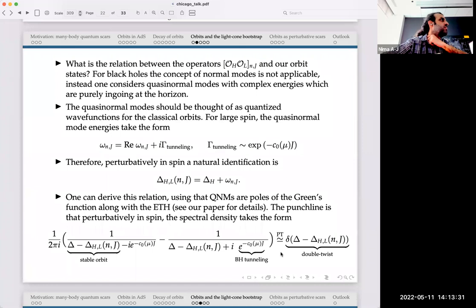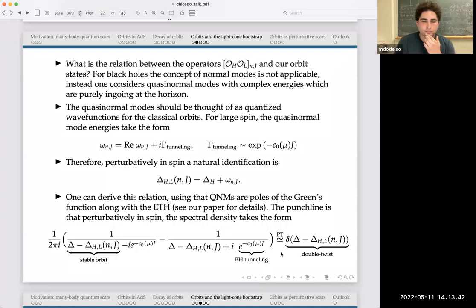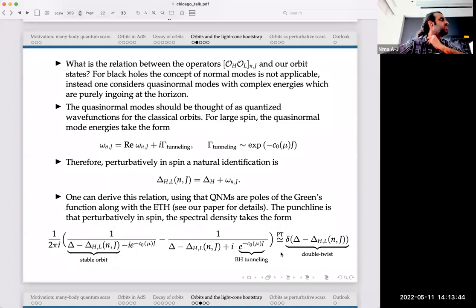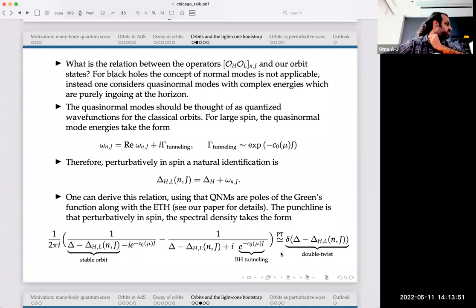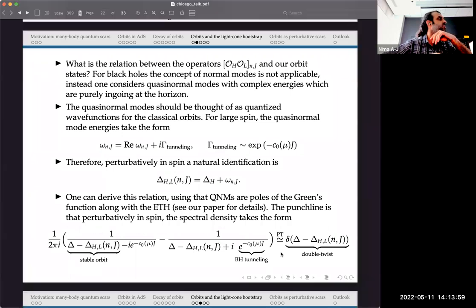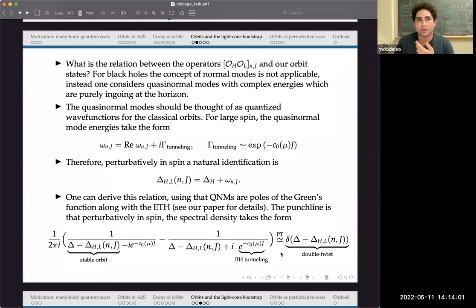You compute the anomalous dimension in a perturbative series in 1/j. But there is no complex contribution. Yeah, perturbatively in spin, I agree. They look like exact eigenstates. Sorry, you're saying if I manage to resum that 1/spin all the way in perturbation theory, I'd get a complex contribution? If you were able to do it non-perturbatively, yeah.